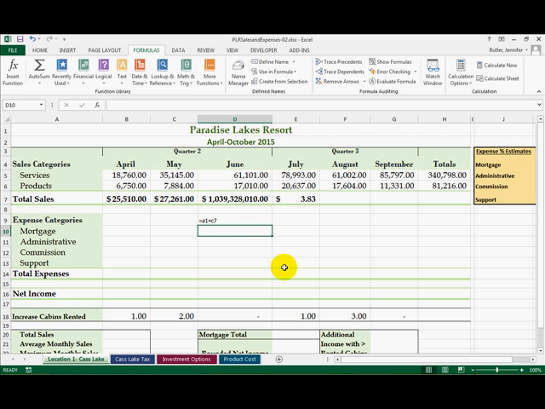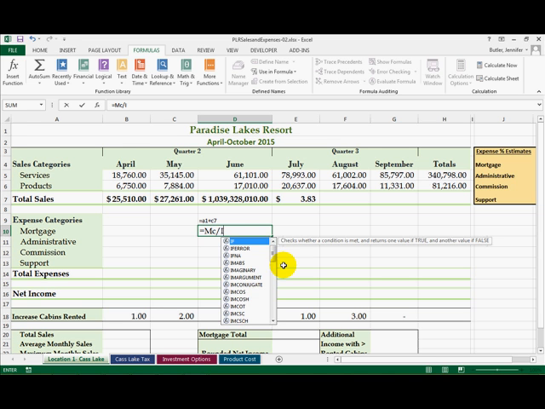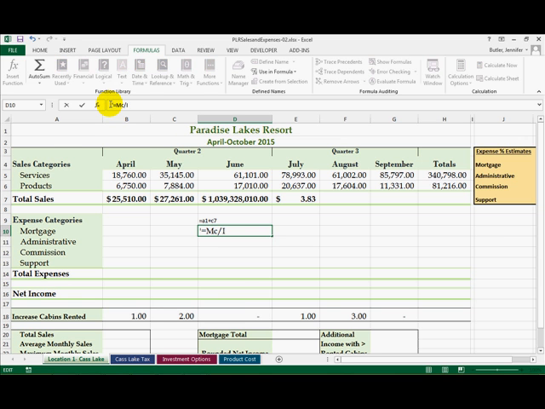A lot of times if you're showing your calculations, it might be nice to say equals MC divided by I. A lot of times though, if you start with that equal sign, it thinks it's a formula unless you put the apostrophe first. If you put the apostrophe first, it basically is going to ignore everything else that you type and it's going to show exactly what you want to show.